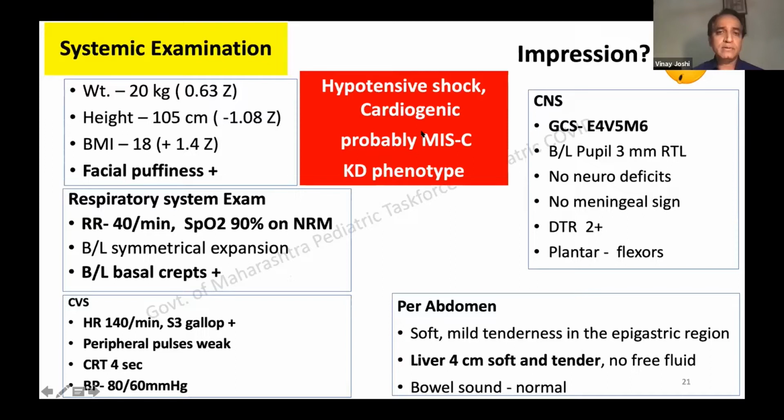There is a definite history of contact with COVID 3 to 4 weeks ago. And why KD type? Because the child had a peculiar erythematous rash over the body. So with this initial finding and initial clinical presentation, the child needed to be shifted to ICU.